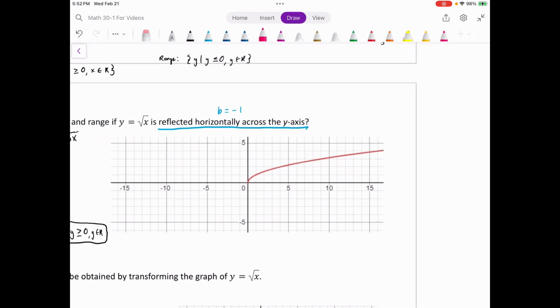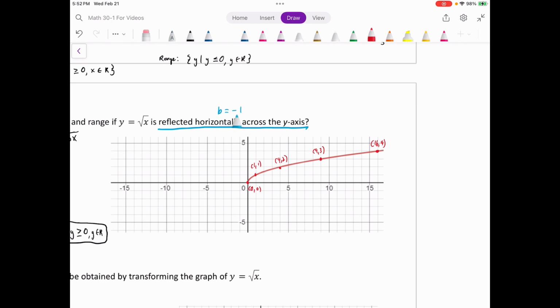So again, let's cherry pick some points. I'm going to cherry pick the same ones. How about 0, 0? How about 1, 1? How about 4, 2? How about 9, 3? And 16, 4? Okay, now what does it actually mean we're going to do to every x if b is negative 1?